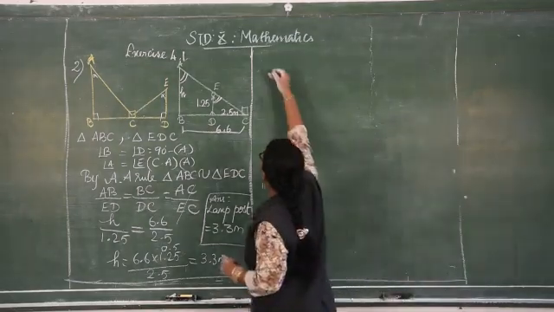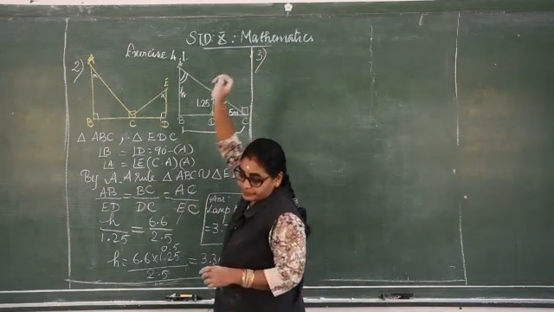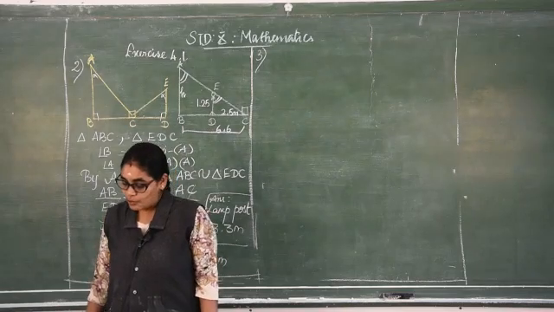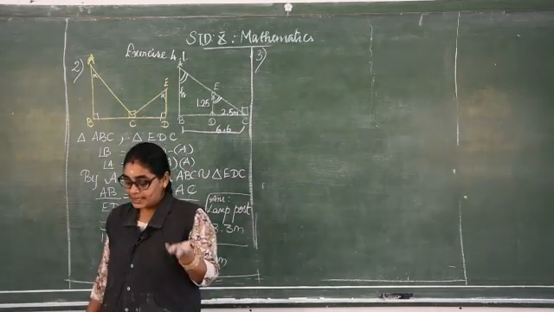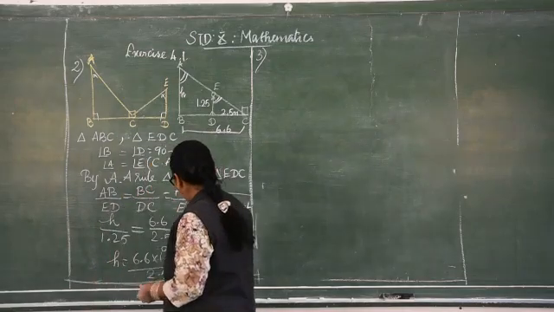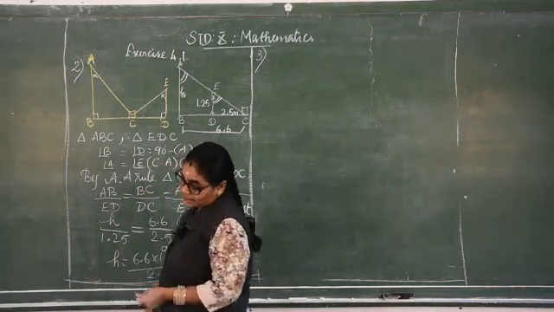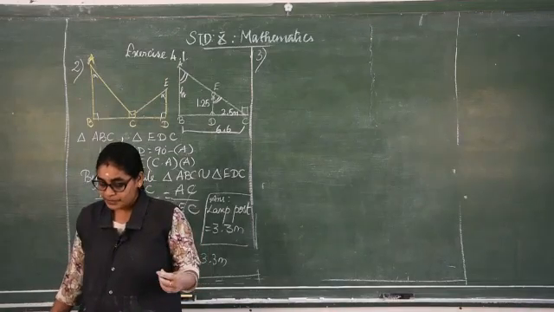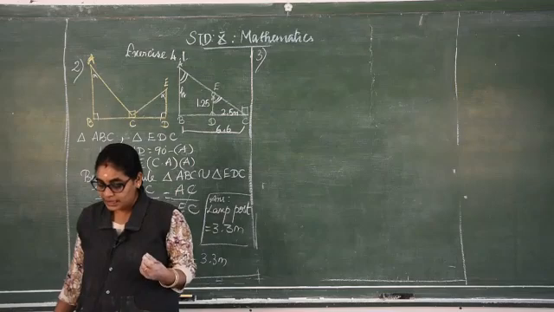Now your third question is, a vertical stick of length 6 meter casts a shadow 400 centimeter long on the ground, and at the same time a tower casts a shadow of 28 meter long. Using the similarity, find the height of the tower.